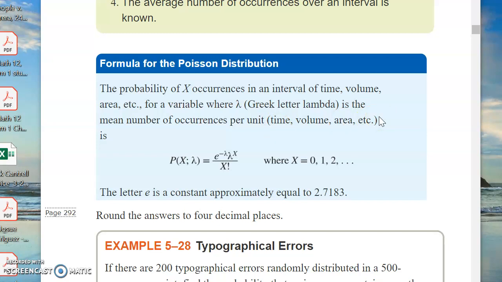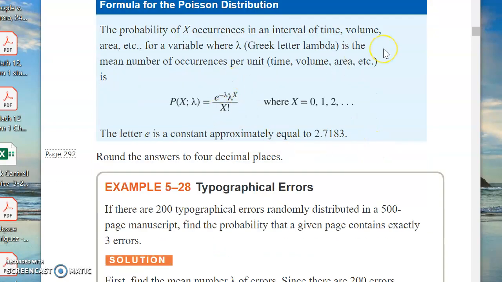If you know how many fires per day, that's your lambda. If you know how many defects you have per meter of wire, that's your lambda. And here's the formula. It's kind of a messy formula. I'll let you read that.